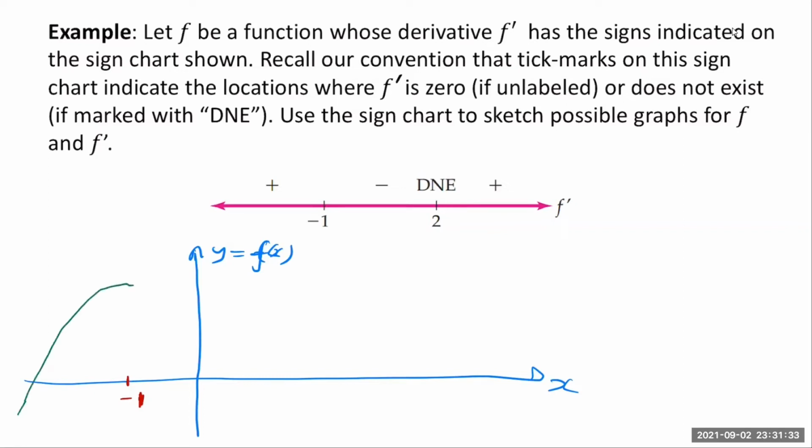At -1, my derivative is 0. That means the tangent at x is equal to -1 should be horizontal. So you should have a shape like this, a peak there. And then between -1 and 2, the derivative is negative. That means your function should be decreasing. I'm not drawing this to scale, okay?